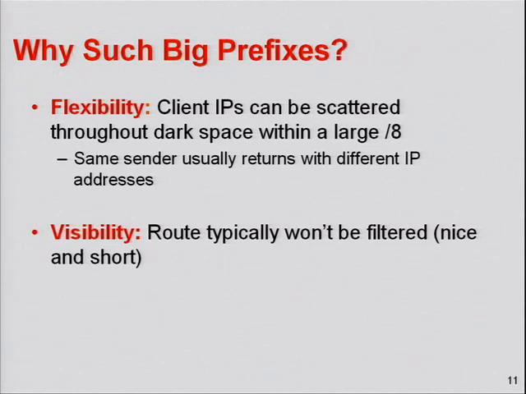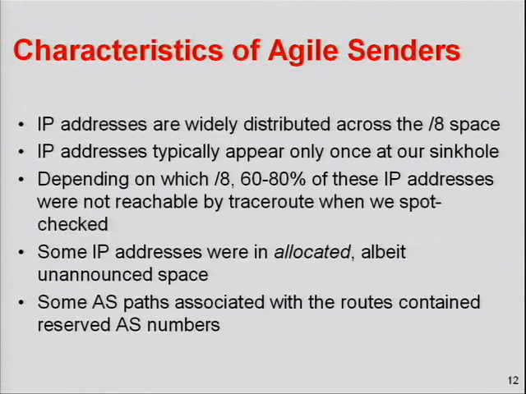Longest prefix match will still ensure that any other more specific routes that are already being announced inside that /8 will still operate as normal. But any IP addresses that are not being used are now happily snapped up by a spammer.